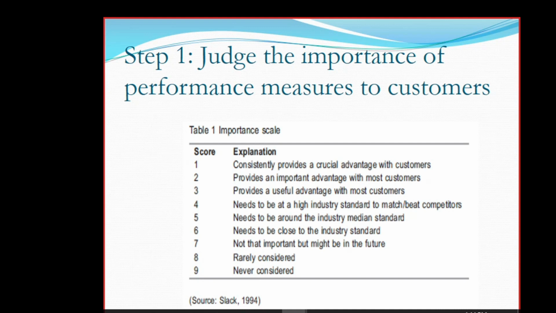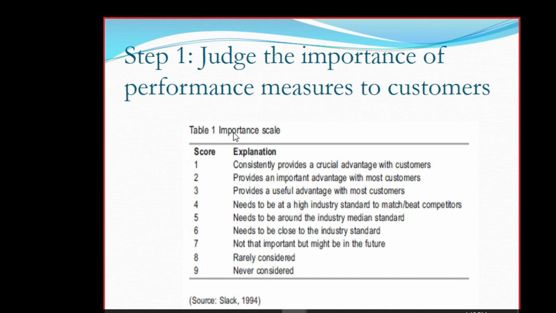Whatever the measure you are measuring, it's not important at all to your customer. So a score of 1 is for the measure that is very important, and a score of 9 for something that is not important at all, with numbers in between depending on the level of importance for customers.